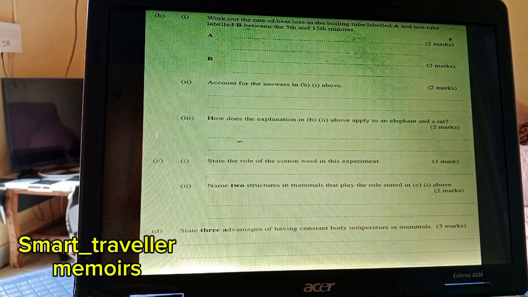How does the explanation in B1 above apply to the elephant and the rat, the one we started with? State the role of the cotton wool in the experiment. Name two structures in mammals that play the role stated in C1 above. And then state three advantages of having constant body temperature in mammals.